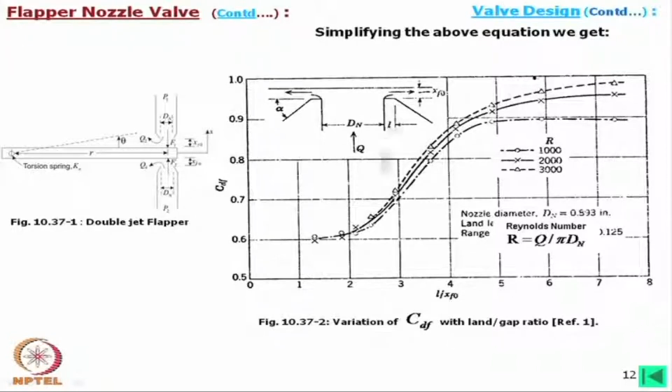In that case, with L less, we are on this side, so the coefficient of discharge will be less, whereas if you go on increasing this, the coefficient of discharge will be more. And this alpha angle value is not given here. I have no idea what this angle is.